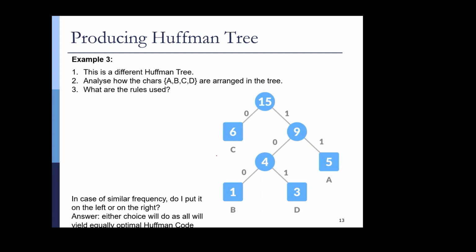This one I didn't give you the priority queue, but I hope by just looking at the character and its frequency, you will understand why on the left, why on the right, and where this number 4 comes from, and why letter A with frequency 5 is placed on the right hand side, not on the left hand side, and where this number 9 comes from, and then the letter C, why is it placed on the left hand side of 9, not on the right hand side of 9, and how we get 15. And in this case, we only have A, B, C, D. So A, B, C, D already covered. No more alphabet, so we are done.